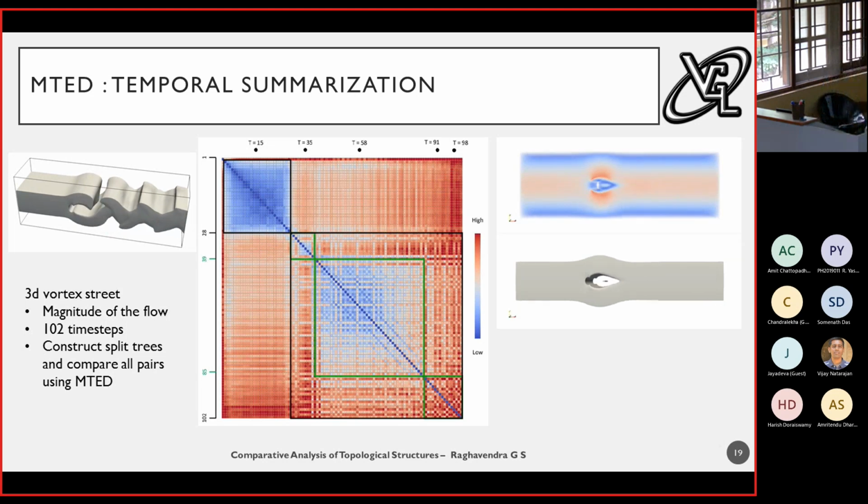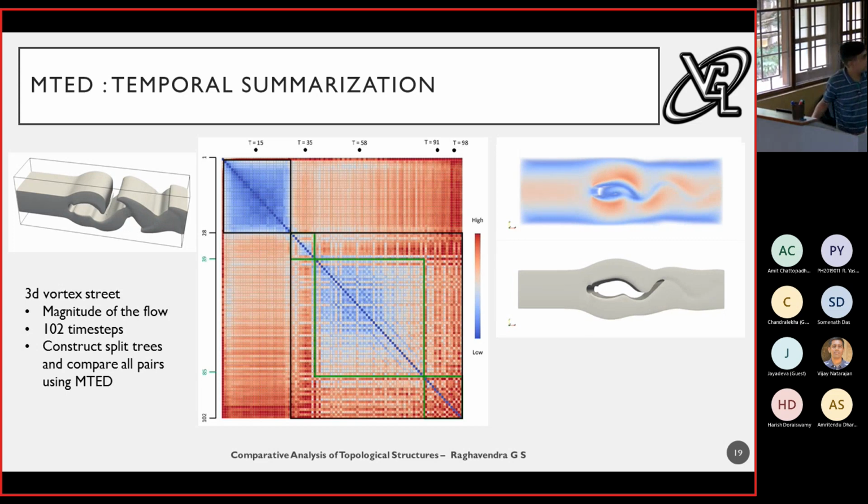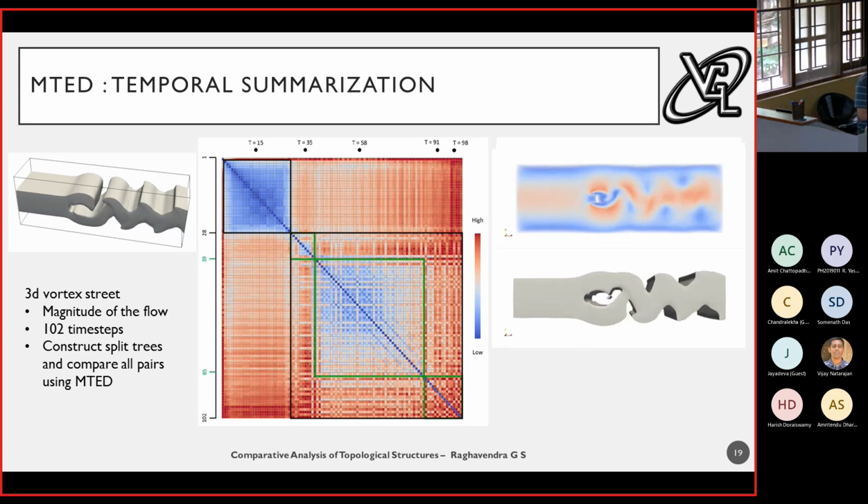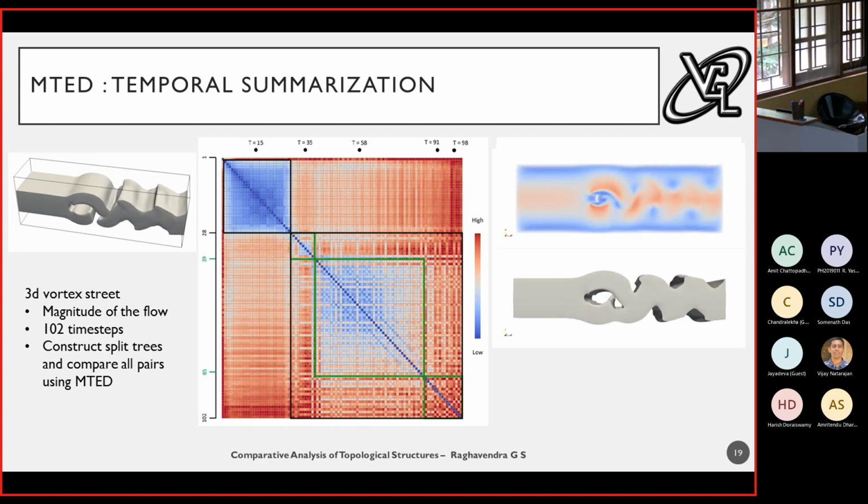In the first block, the flow is still starting, and there are hardly any vortices which have been formed here. So that's why we see that all the distances are very low and all are similar to each other. Then in the next stage, we see that vortices start forming. Then we see the phenomenon of vortex shedding. Because of that, we can see sub blocks here where it shows the vortex shedding happening.